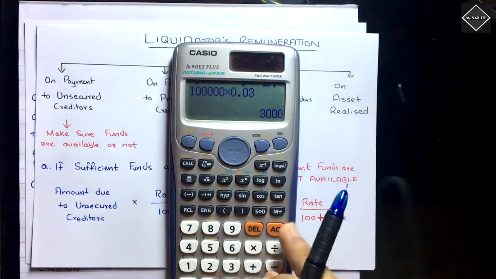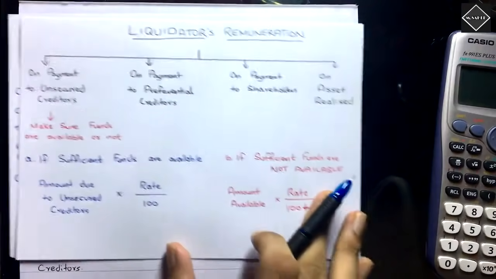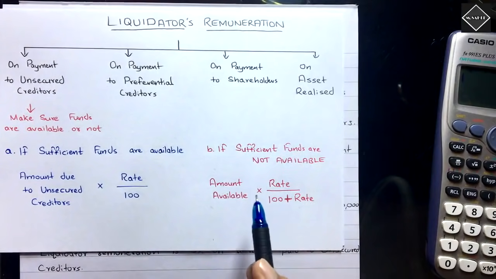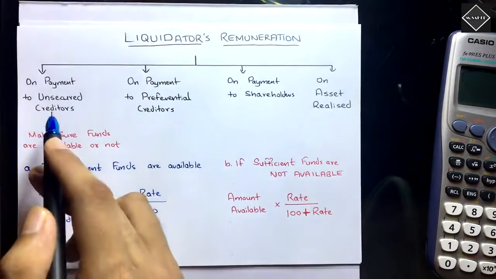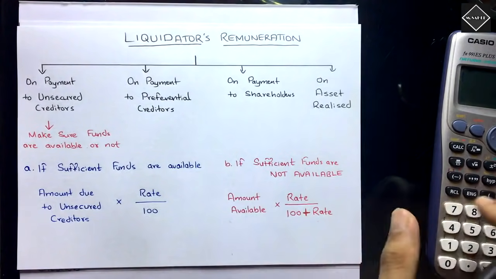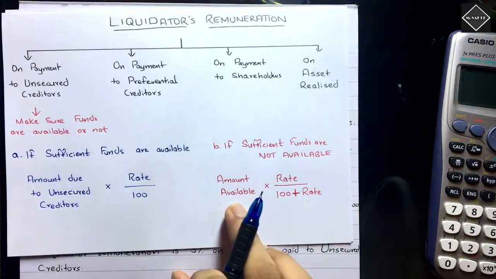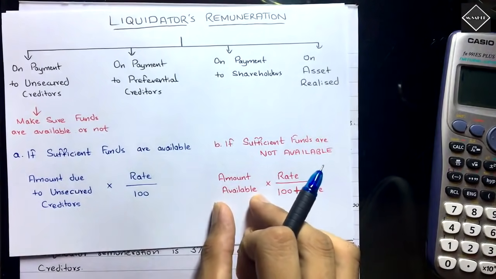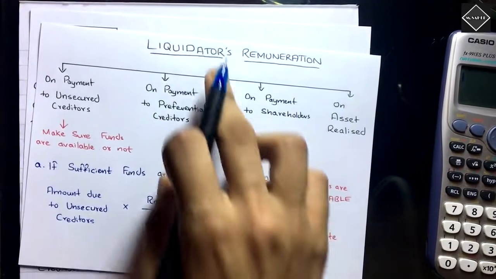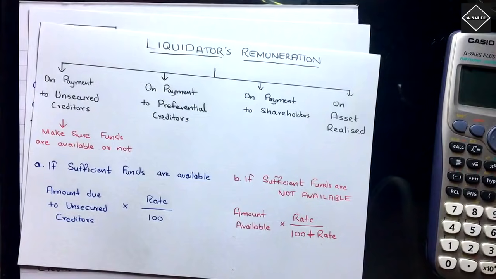Simple calculation, right? But what if sufficient funds are not available? Then the calculation is slightly different. It's not tough, it's very simple. For example, unsecured creditors are 1 lakh, but the funds available with us are, let's say, 70,000 or 60,000. If the amount available with us is 60,000, then from that 60,000 we have to pay the unsecured creditors as well as the liquidator his remuneration on unsecured creditors.